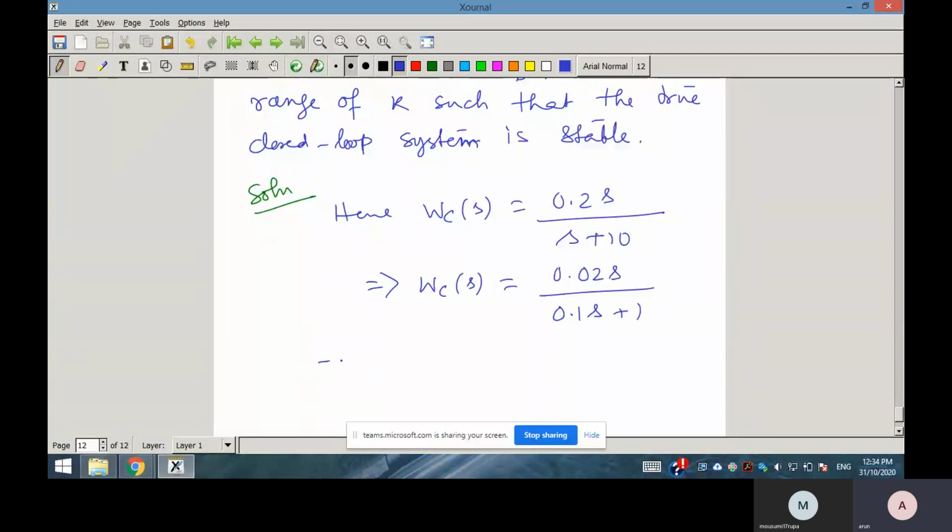What is your complementary sensitivity function? Complementary sensitivity function is GC by 1 plus GC. So this you can obtain as SK divided by S plus K minus 1, just G(S) equal to 1 upon S minus 1 and C(S) equal to K. So if you put those values, then you will get this one.